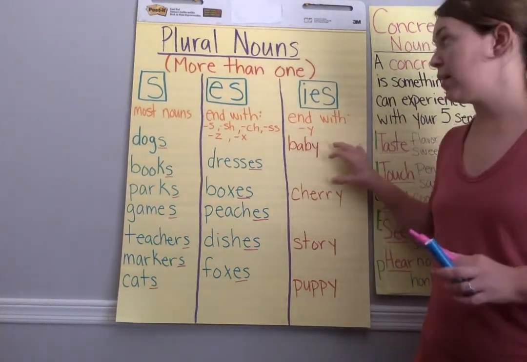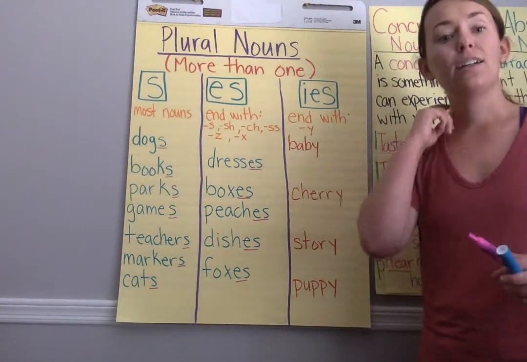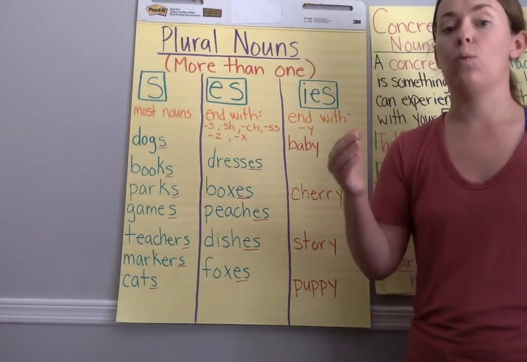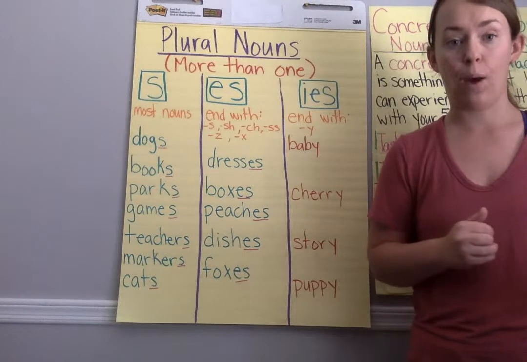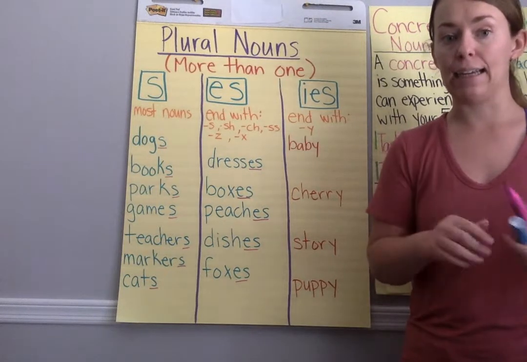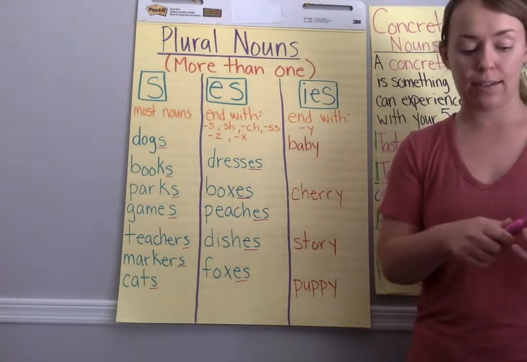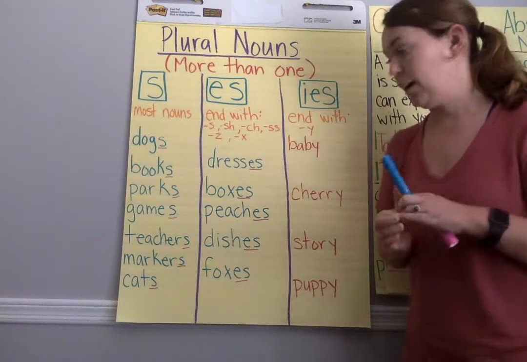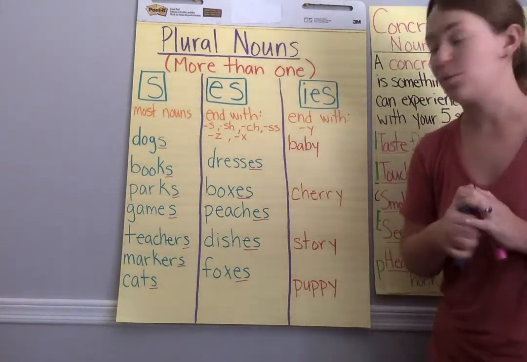Now, this one can be a little bit more tricky. Whenever the noun ends with a Y, we need to drop the Y and add IES. So we're going to look at that with these examples up here. I didn't want to just write them down, I wanted us to go through it.